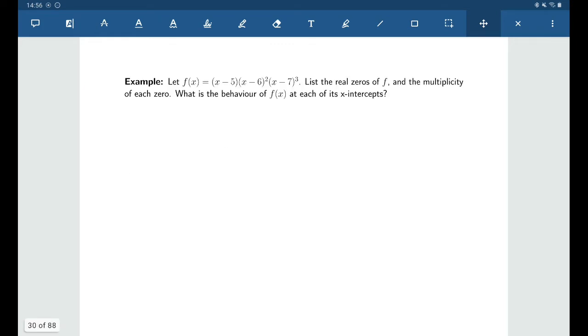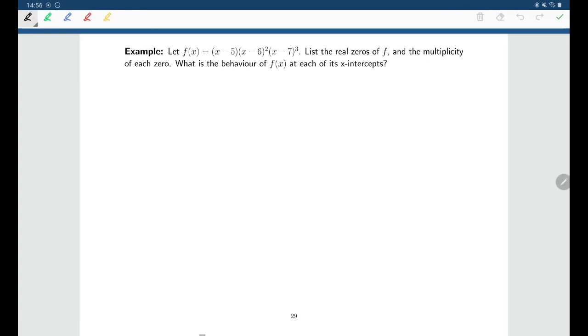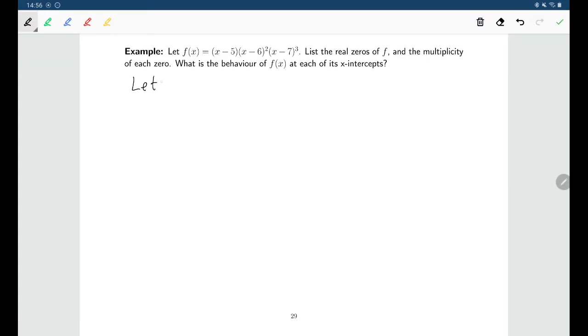So for this function, f of x, if we're looking for what its zeros are, we'd be looking for where f of x is equal to 0. And of course, x minus 5 times x minus 6 squared times x minus 7 cubed, where is that equal to 0?